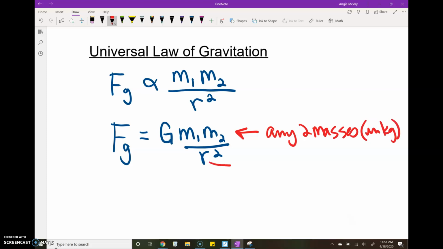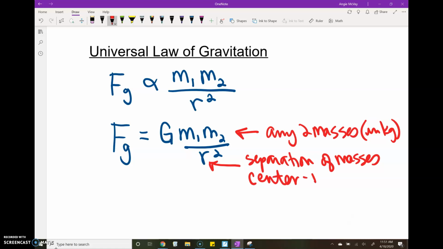And this R is the separation of the masses. And it's not the separation of their surfaces, it's center to center.